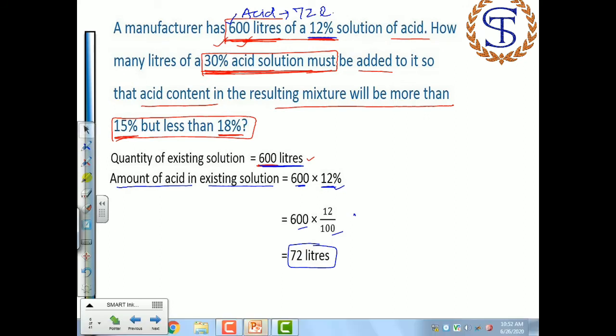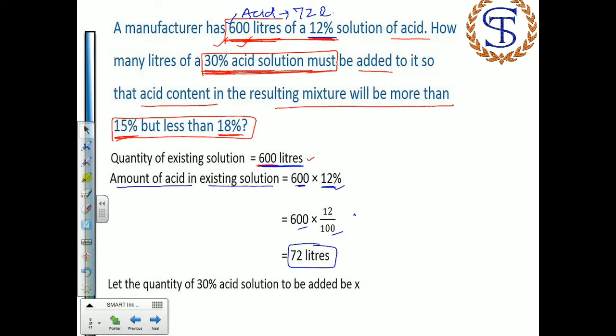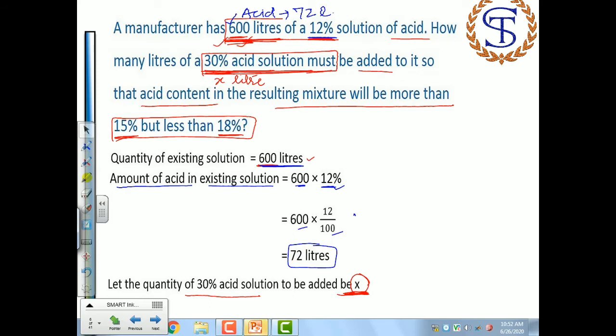Now next, let the quantity of 30% acid solution which we want to add be x. Let's consider that we are going to add this x liters of 30% solution to this 600 liters. If we add x liters to this 600, what will be the quantity of the resulting mixture? The quantity of the resulting mixture will be 600 plus x.